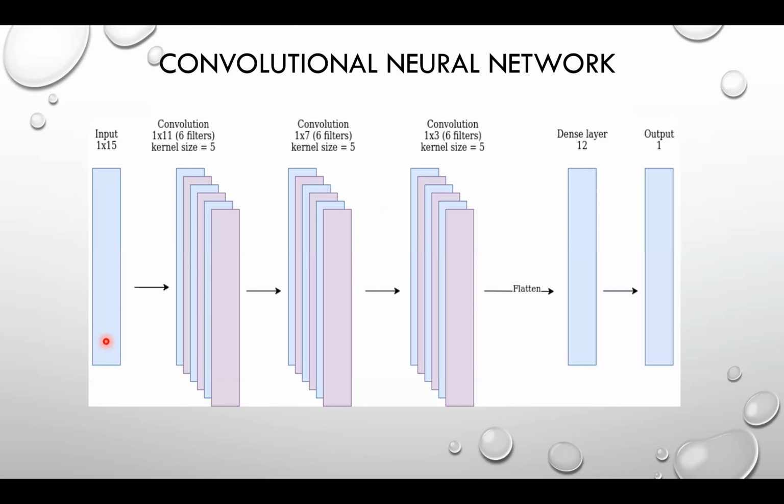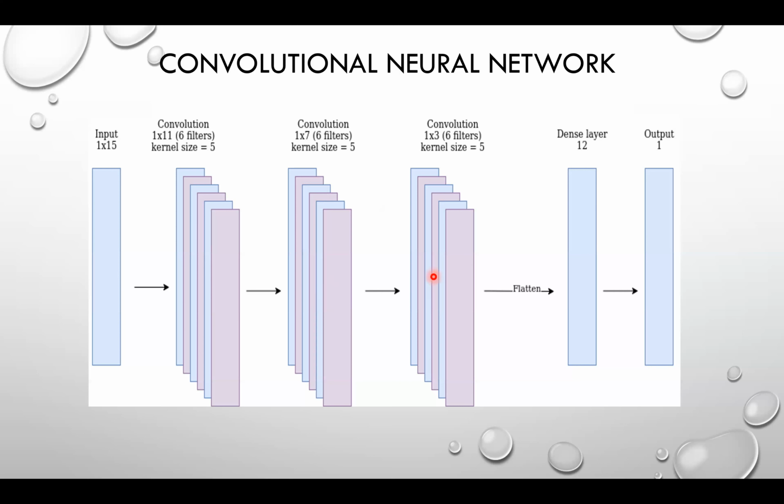the input layer of size 15 by 1, convolutional layer 1 with 6 filters, kernel size of 5, and output of shape 11 by 1. Then you move on to convolutional layer 2 with 6 filters as well, and kernel size of 5, but the output shape is 7 by 1.